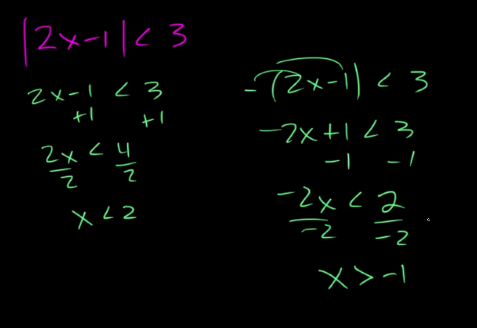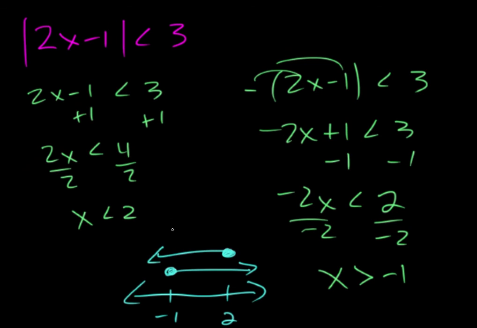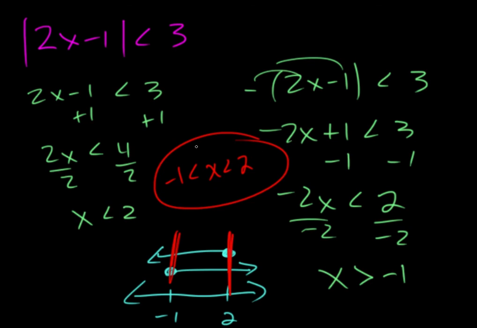So if we look at this on a number line, we have -1, we have 2, this goes this way, this goes this way. We only want where they overlap. And so we're going to say -1 is less than x is less than 2.